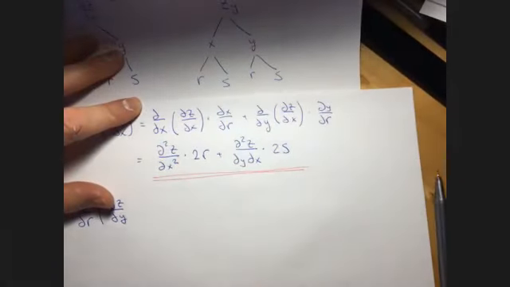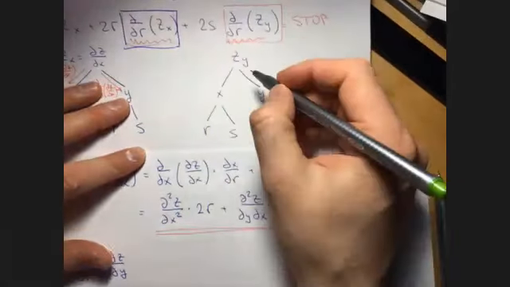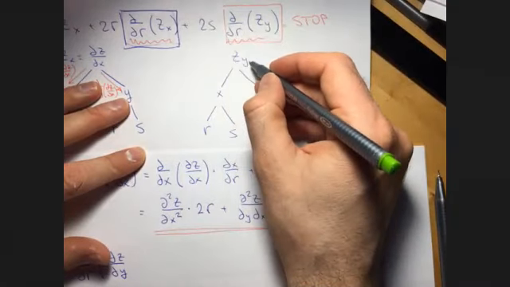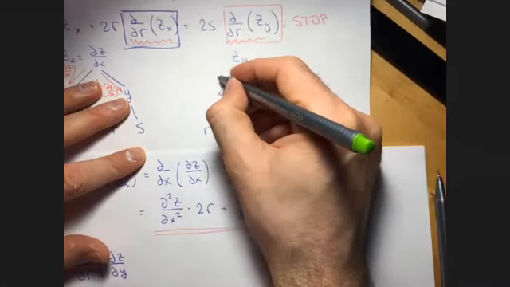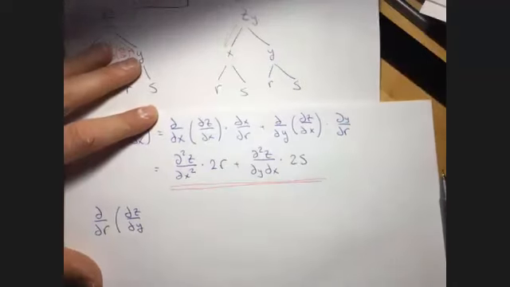Well, how are we going to get from partial z partial y to r? First, the partial derivative with respect to x.